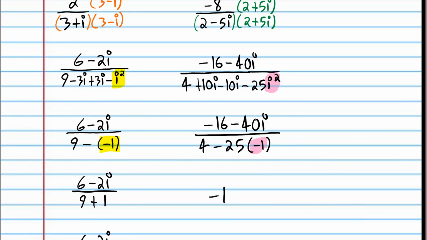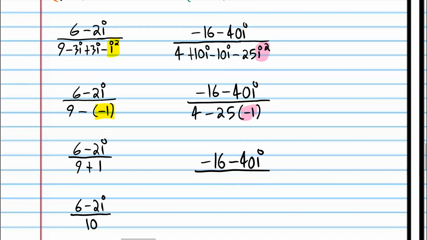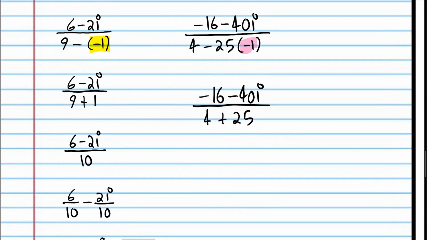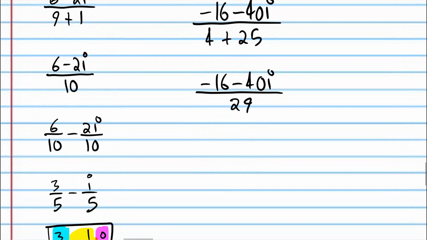And then we have negative 16 minus 40i over 4 plus 25. And 4 plus 25 is 29. Then we just have to use fraction decomposition, and we get negative 16 over 29 minus 40 over 29i.